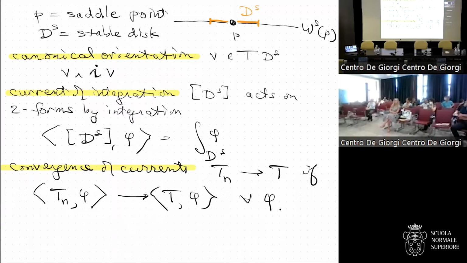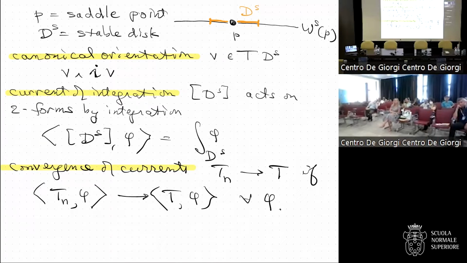I'm oriented. And I can apply this to any 2-form just by integration: I'm just going to take this 2-form and integrate it over D. D has finite area in this picture, so it's not a problem that this will converge.